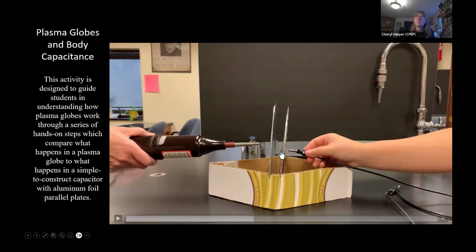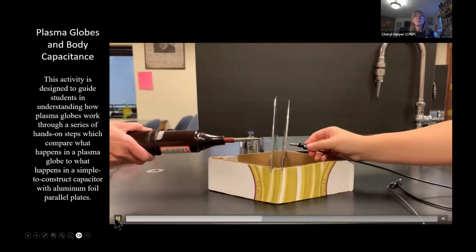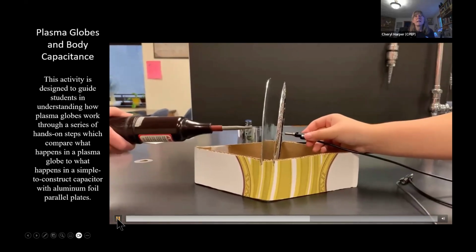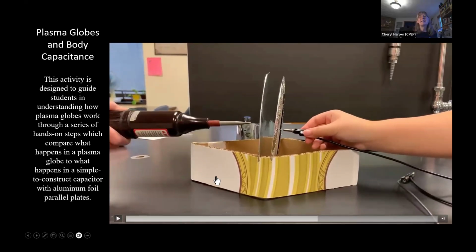So the charges aren't jumping, it's just that the electric field from these is pushing away the charges on the opposite side. Occasionally there is a spark that jumps, and it's a good place to talk about capacitor breakdown and what goes on in that situation. The electrons from the Tesla coil push the electrons away.